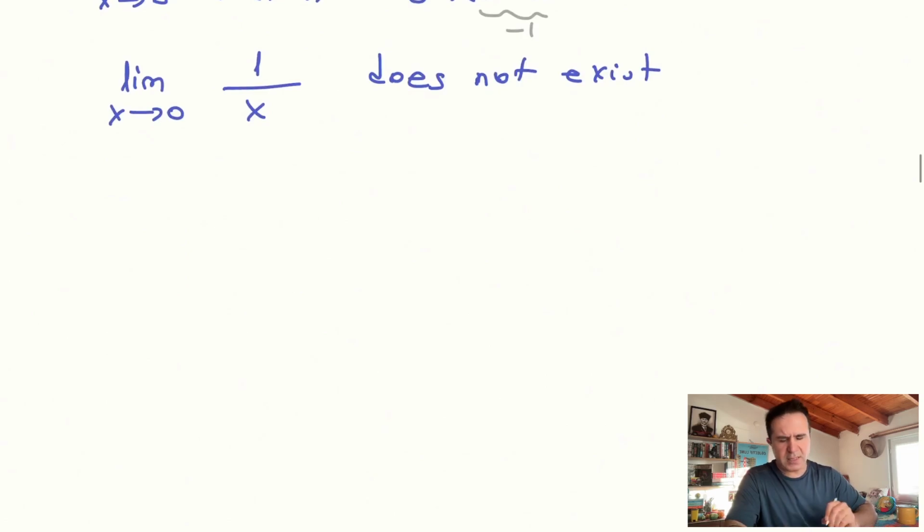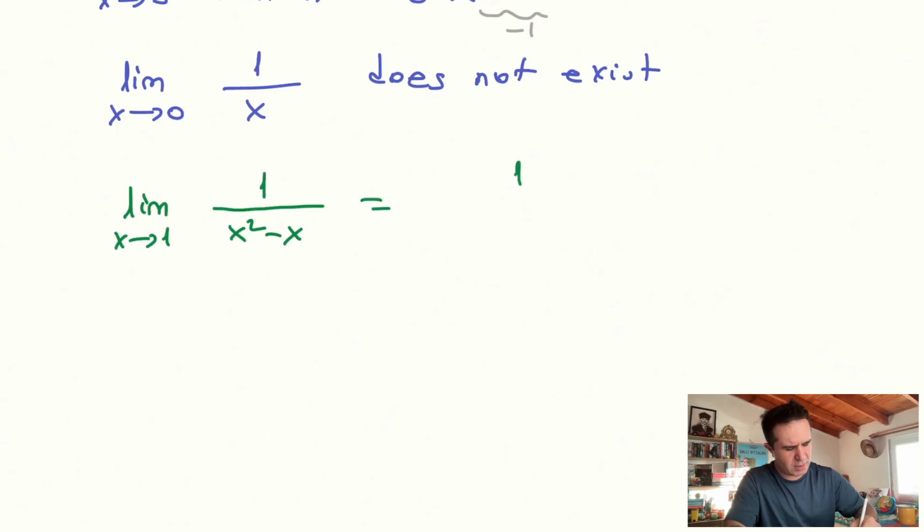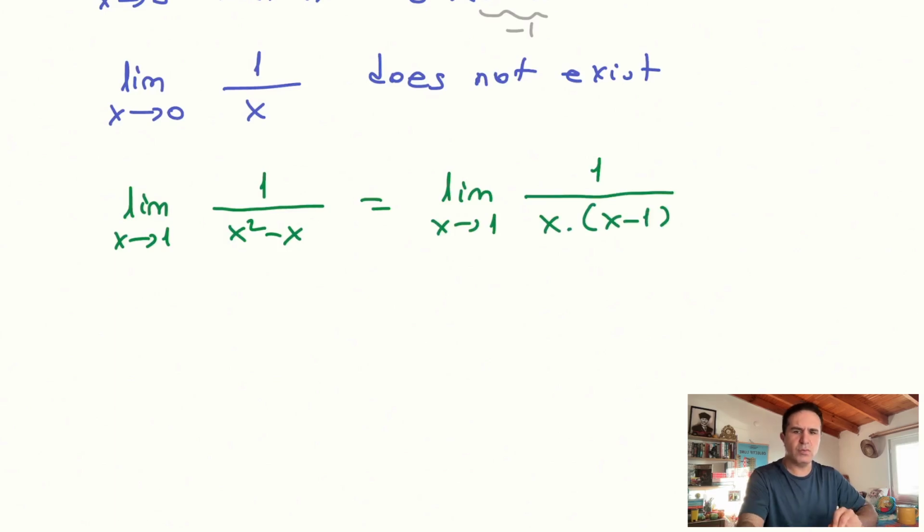Now for the second part, limit as x goes to 1 of 1 over x squared minus x. We can write it again: limit as x goes to 1 of 1 over x times (x minus 1).